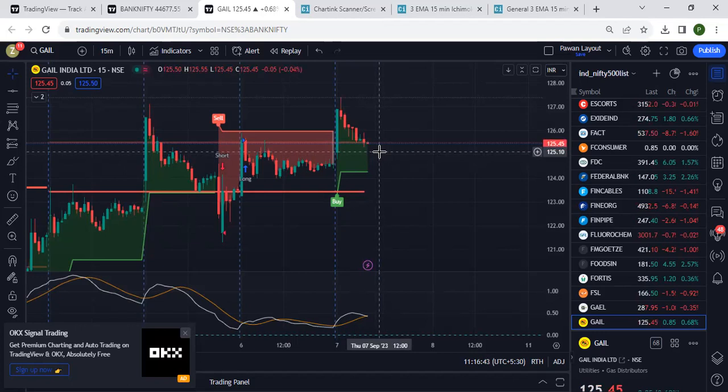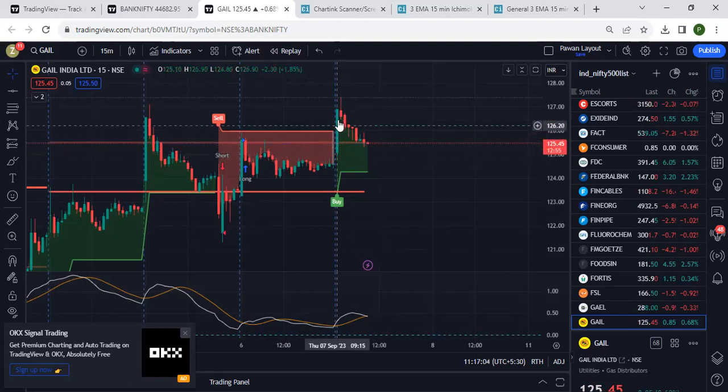But when the previous high of the 15 minute candle is breached, one should enter into the stock. That will be the entry price.